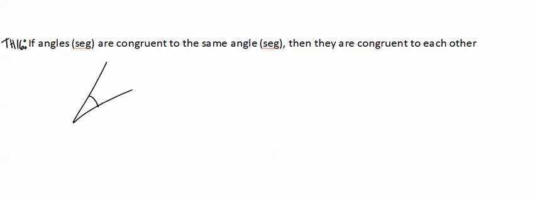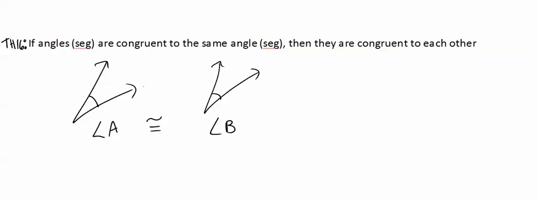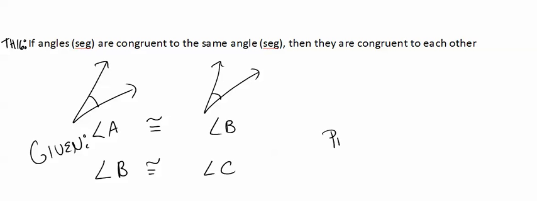If we know that angle A is going to be congruent to angle B, and we know that angle B is congruent to angle C, then we can basically do the transitive property, saying that angle A will be congruent to angle C.